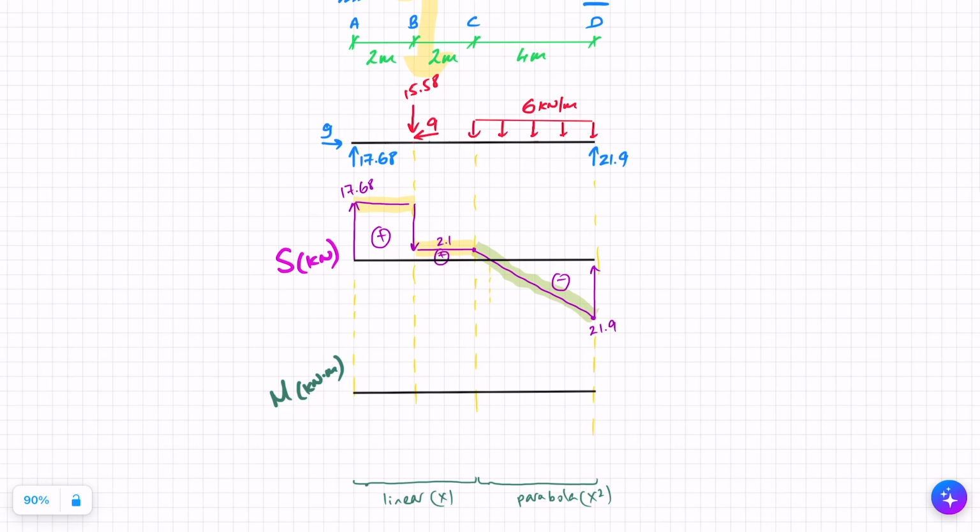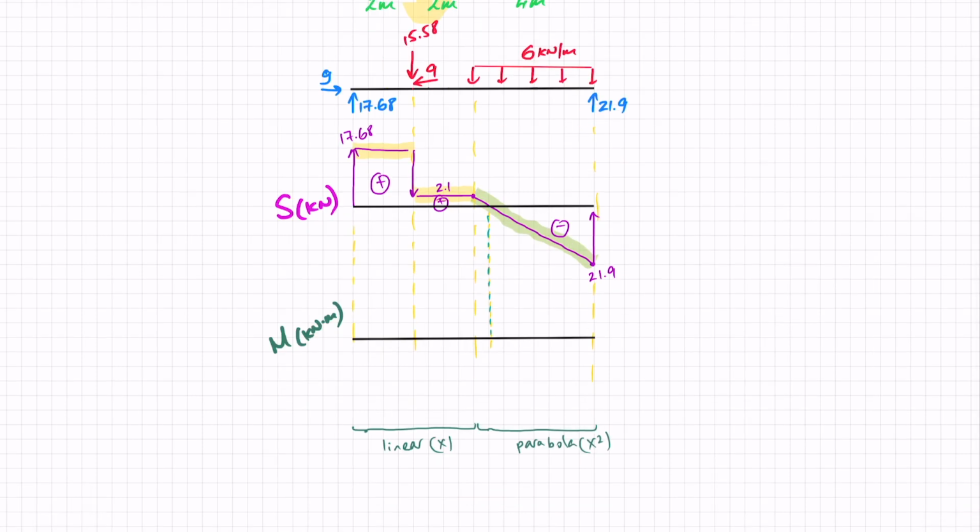But the other interesting point is going to be this point here that I'm adding in. Let's actually add it in another colour to make it clearer. This point here. And this point is going to be important because here I can see that my shear passes through 0. So this is probably going to be where my maximum moment is. Let's look at this together.